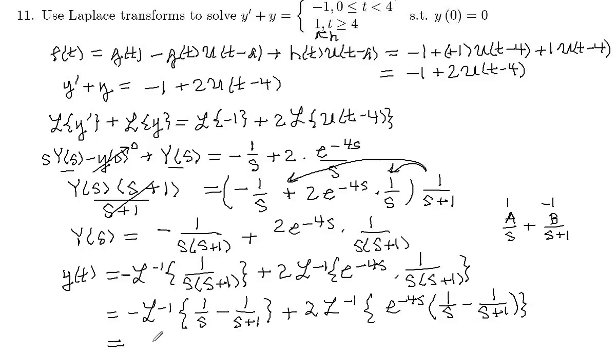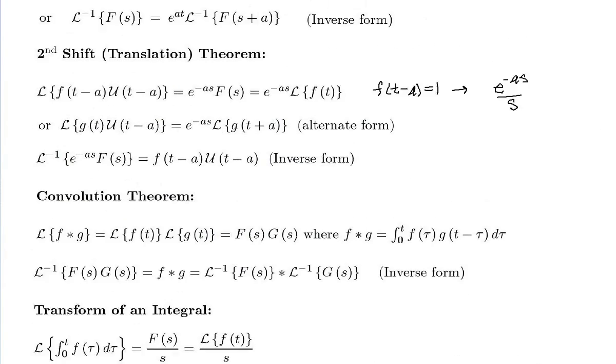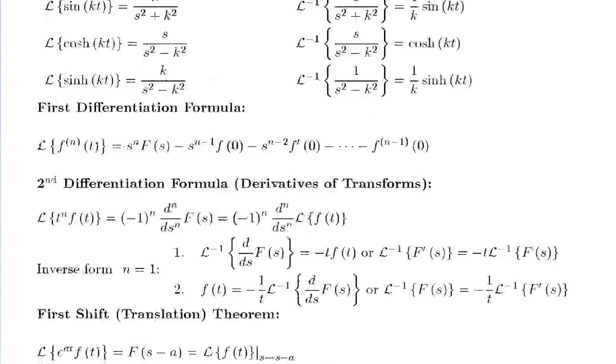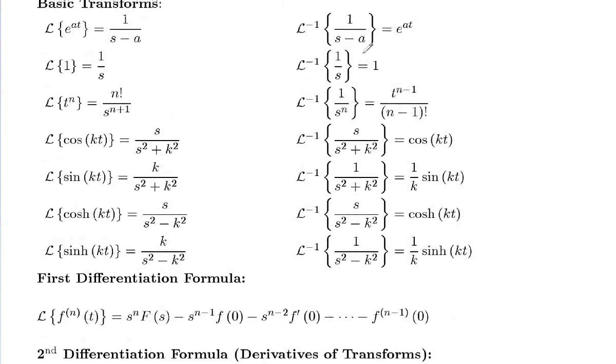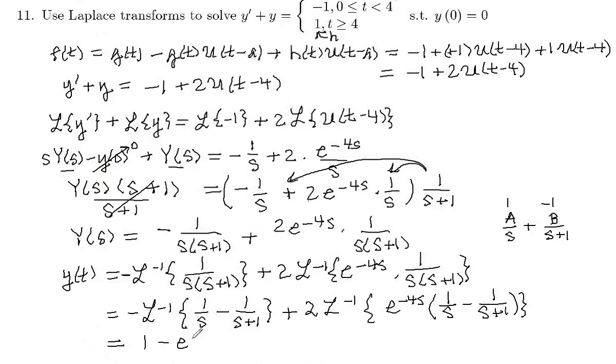Inverse transform of 1 over s is 1, minus inverse transform of 1 over s plus 1. That's an exponential, one of the basic transforms. That's 1 over s minus a here. It's s minus negative 1, so it's e to the negative 1t. So e to the negative t.